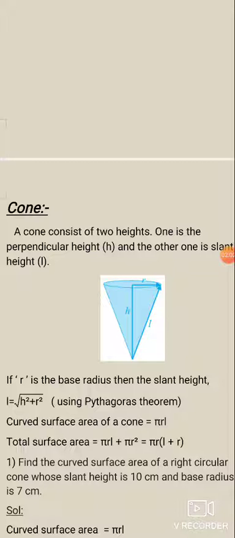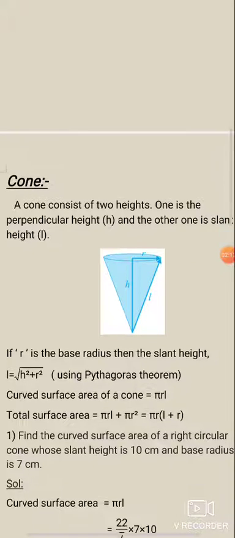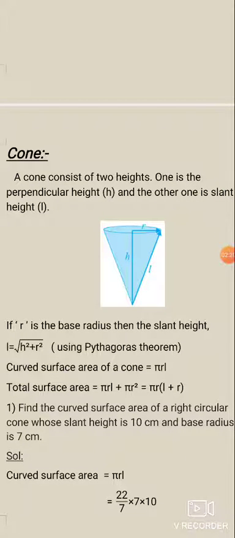Okay. Now the first question. Find the curved surface area of a right circular cone whose slant height is 10 cm and base radius is 7 cm. Direct question. Very easy one. So what are the conditions given? The slant height 10 cm and the base radius 7.